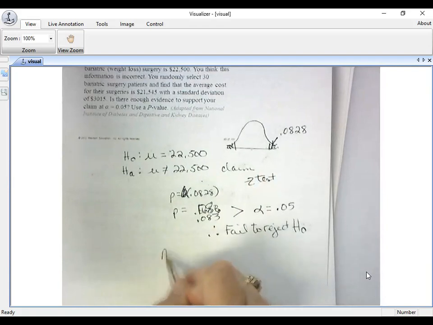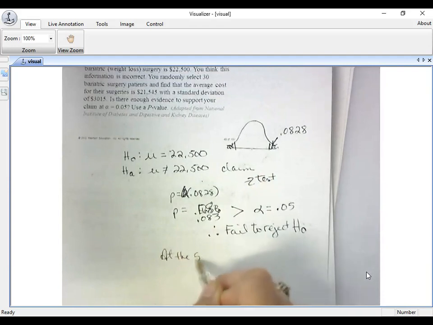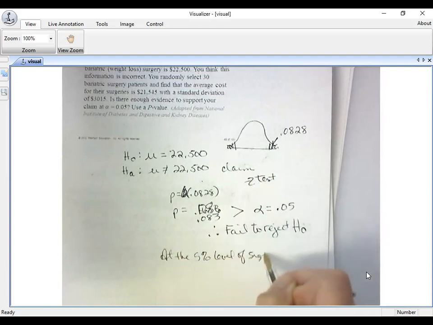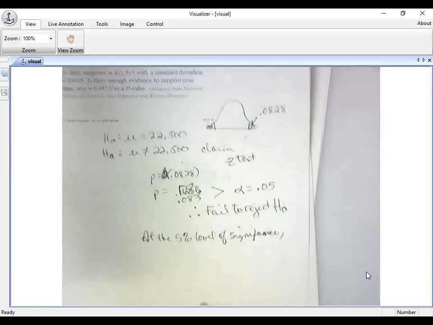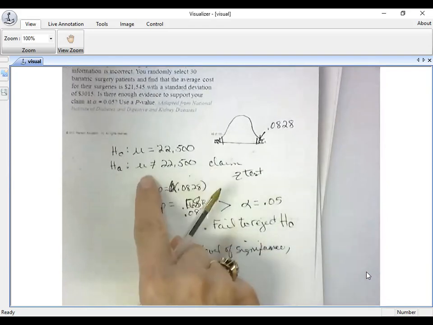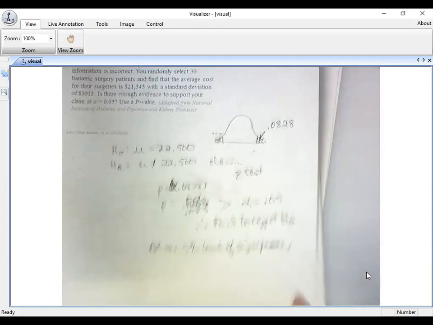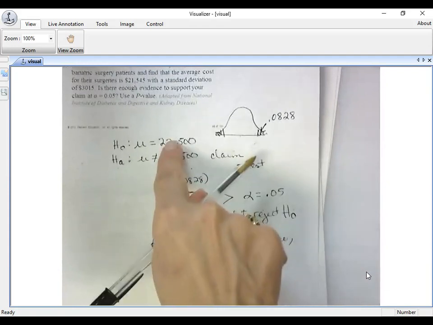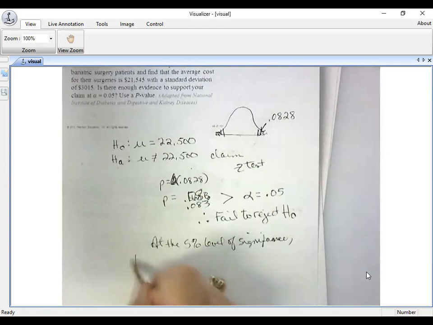Okay, so at the 5% level of significance, because that's what level of significance we used on our test, did you say there is or there is not enough evidence? What do you think? Okay, because the claim is actually the alternative hypothesis. So if we fail to reject this, that means there is not enough evidence to what?